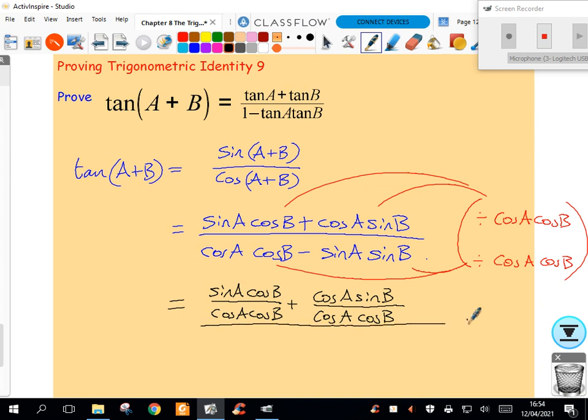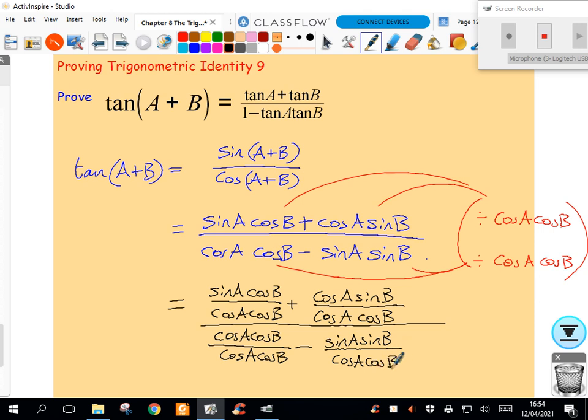On the bottom, I'm dividing this first term here by cosine A cosine B, so I'm getting cosine A cosine B divided by cosine A cosine B. And then we have a subtraction, and I divide the second term here, sine of A times sine of B, divided by cosine of A cosine of B.